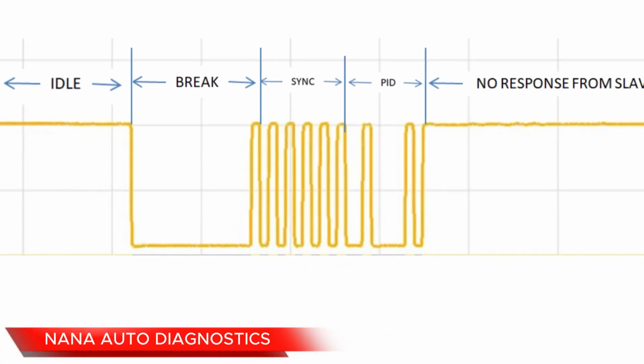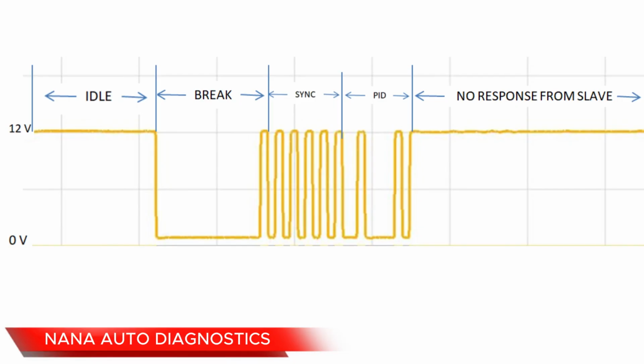As you can see, the network idles at 12 volts, and when the master initiates communication, it does so by sending the break field, which acts as a wake-up call to all nodes on that network, and then that is followed by the sync field, which synchronizes the communication between the master and the slaves, and that is followed by the actual data that is sent by the master, specifying the purpose and the node that is supposed to execute that data.